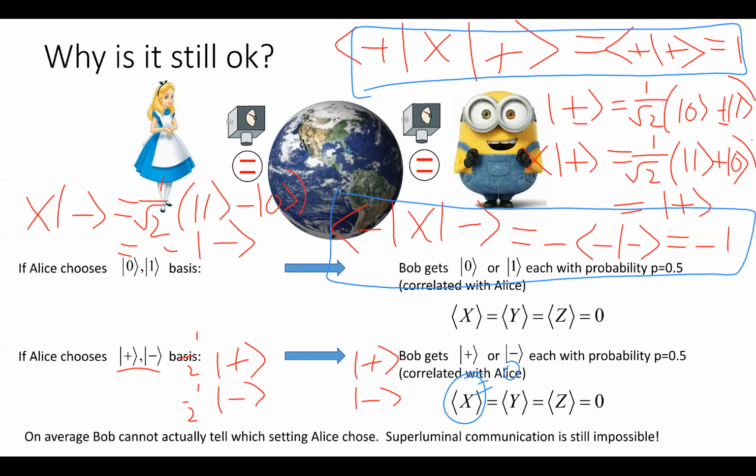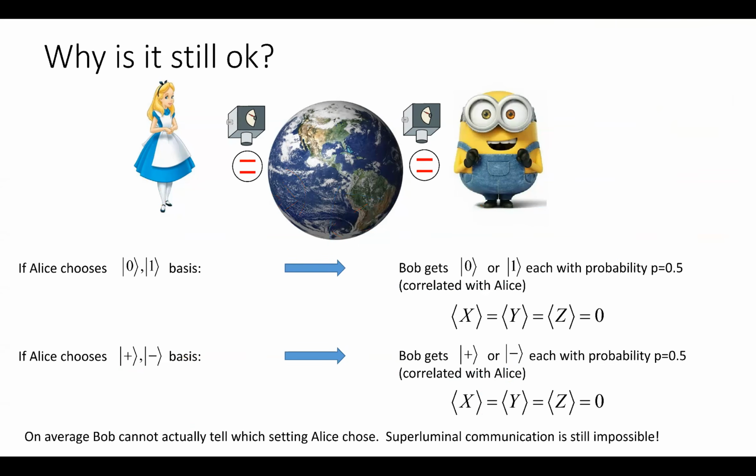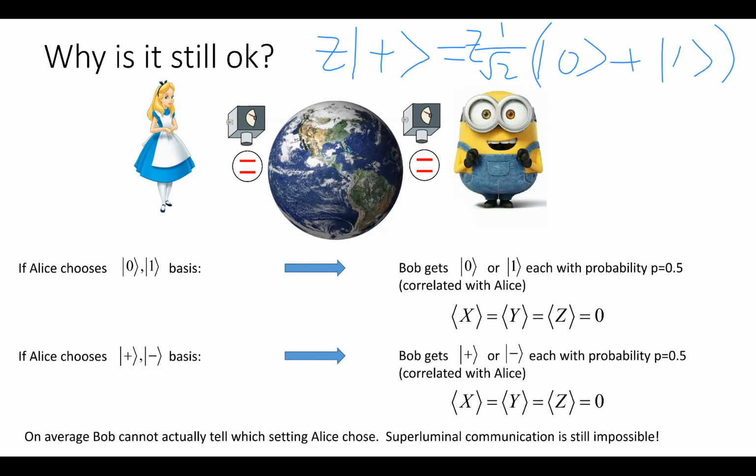And for these other ones, what you can work out, we can just quickly do it together, is that if you calculate z on plus, then this is z acting on 0 plus 1, and then z will produce a minus sign on just the one state, right?